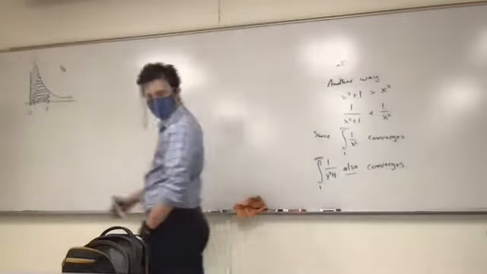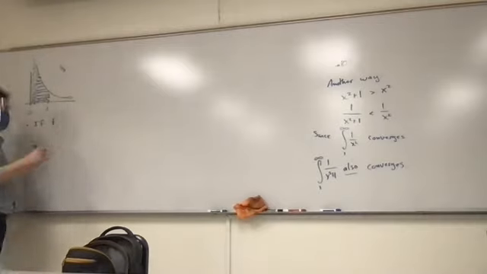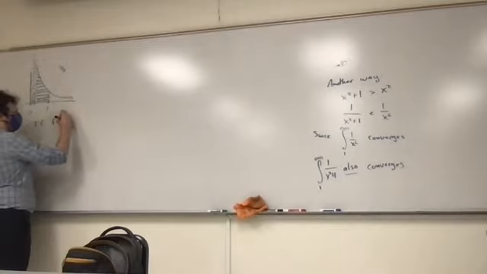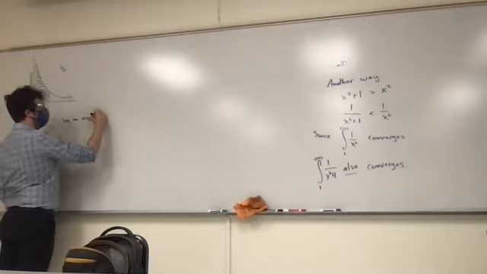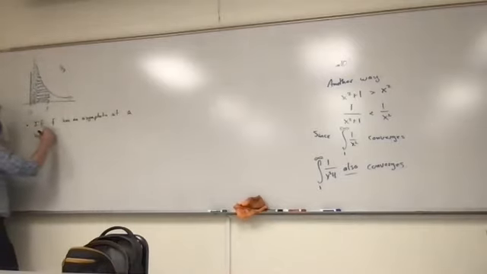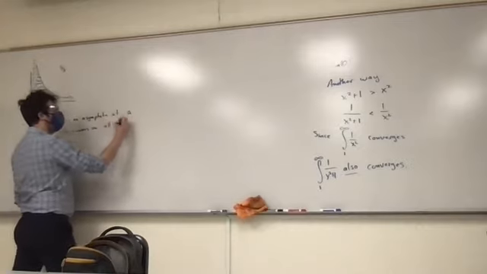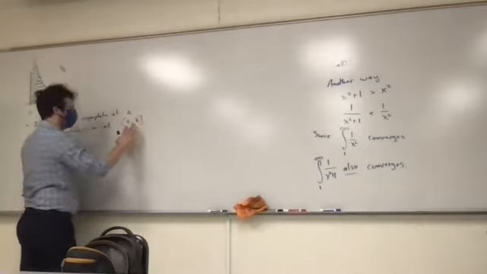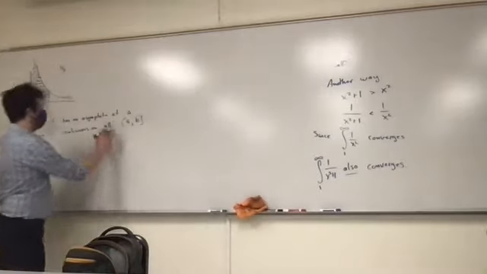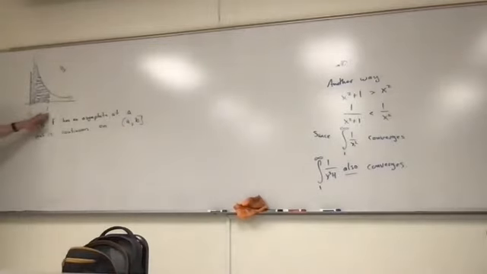So this is our type 2. This one would be if the function has an asymptote at, say, A, but is continuous on all intervals that look like A, comma, B. So that's this situation here where B is 1 and A is 0.